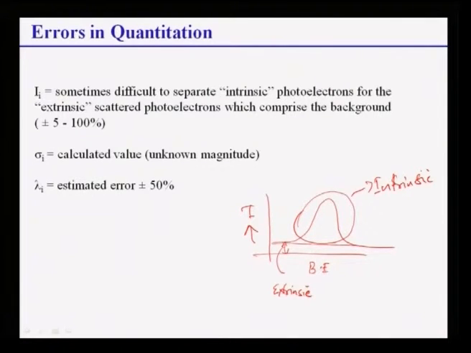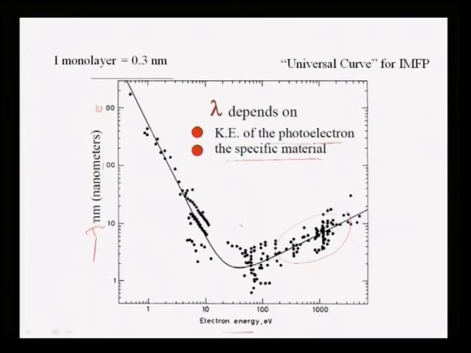The second important source is sigma i, which is normally calculated from the plot which I have shown you, and there the magnitude of the error is unknown in most cases. Lastly, error can come from the estimated lambda i, and I have already shown you how lambda i is calculated. Let me go back. Yes, this is how the lambda i are calculated.